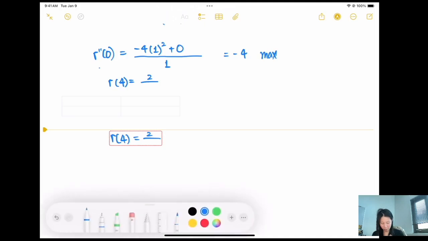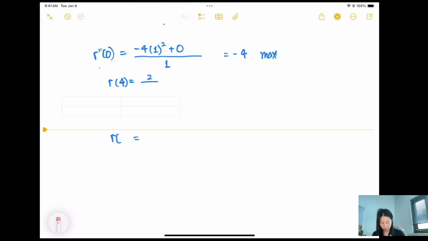Sorry, x equals 0, not 4. So r of 0 equals 2 over 0 squared plus 1, which is 2. So the maximum is when x equals 0, y equals 2.